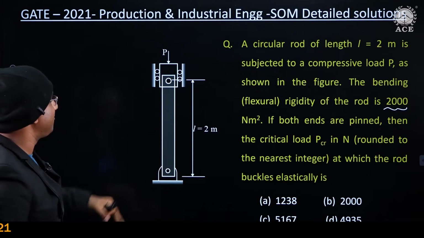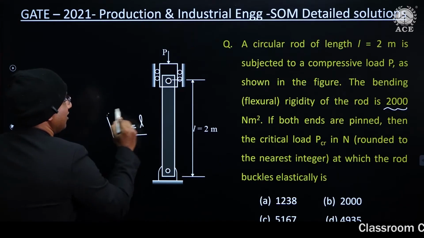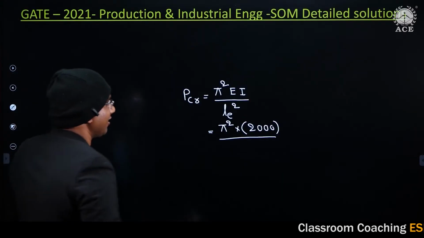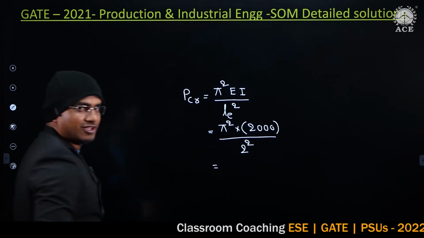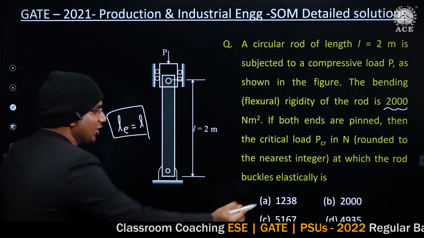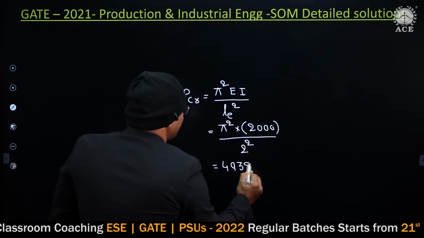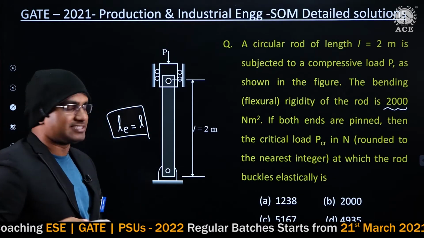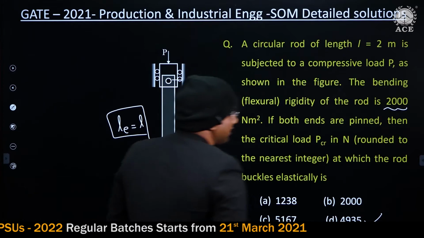If both ends are pinned, LE equal to L. So L square. Substitute, you will get 4935 newtons. Directly you will get the answer. 4935 is the correct answer here.